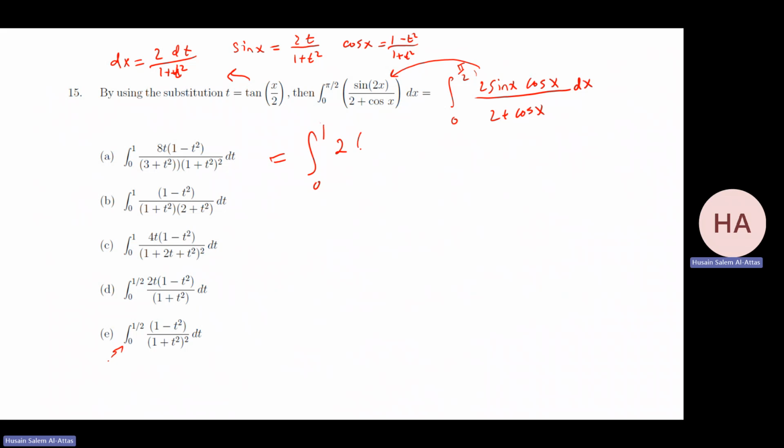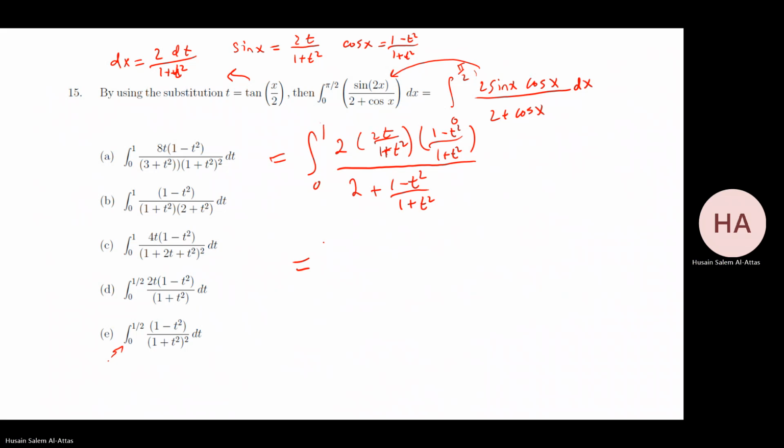Okay, I have 2t over 1 plus t squared. And this one, 1 minus t squared over 1 plus t squared, over 2 plus cosine, which is 1 minus t squared over 1 plus t squared.